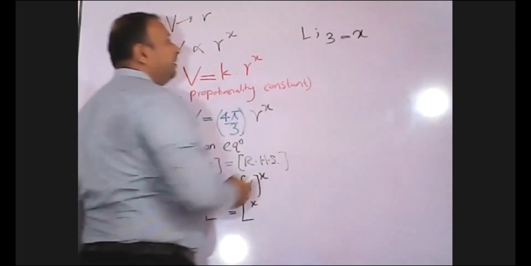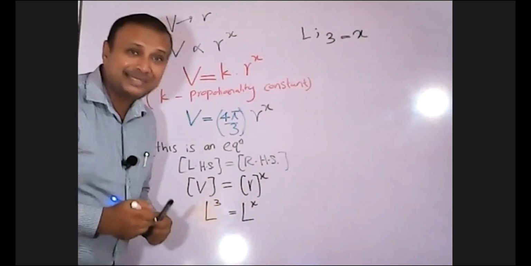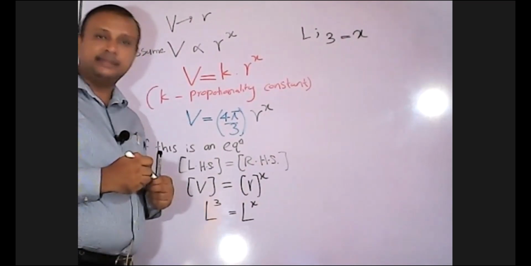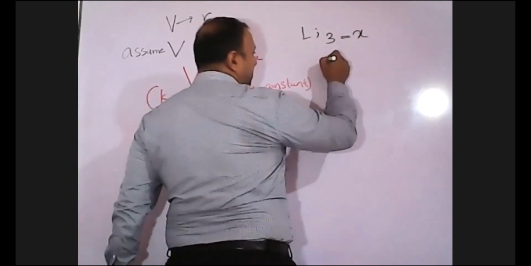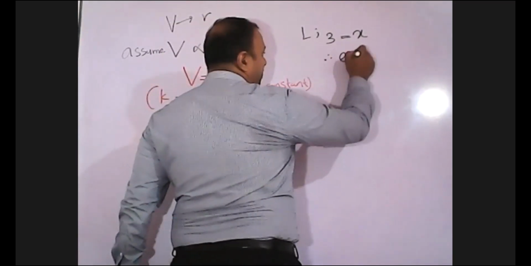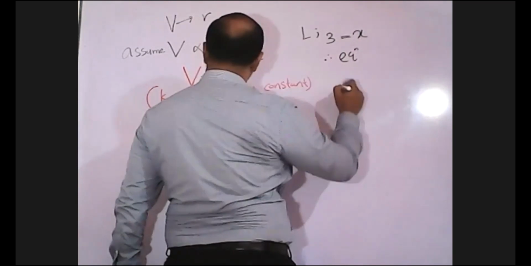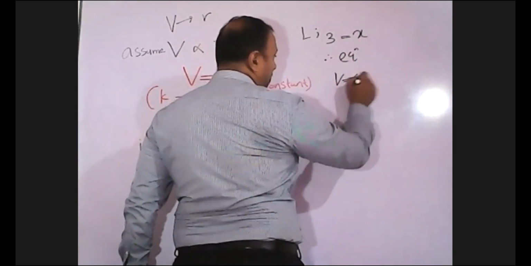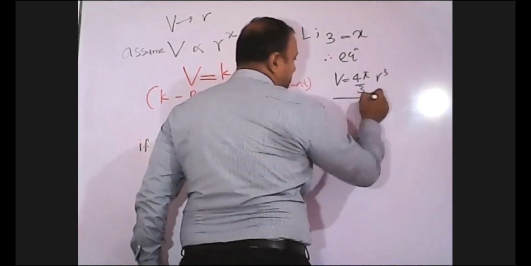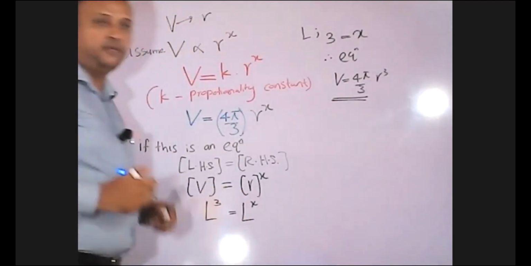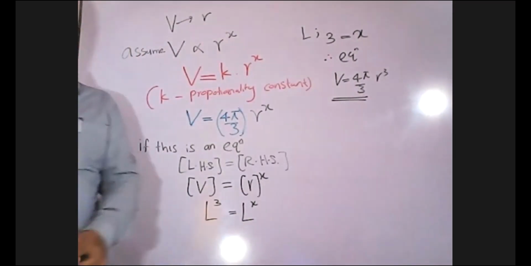From that, I can determine x is equal to 3. After that, we can write the equation. Therefore, the equation is v equal to 4 5 over 3 into r square.